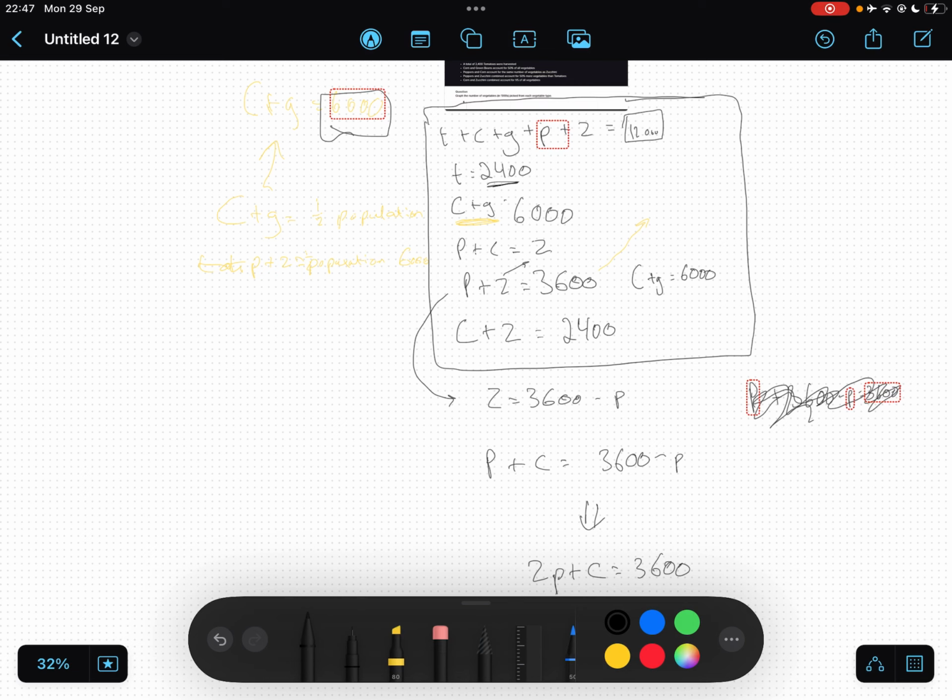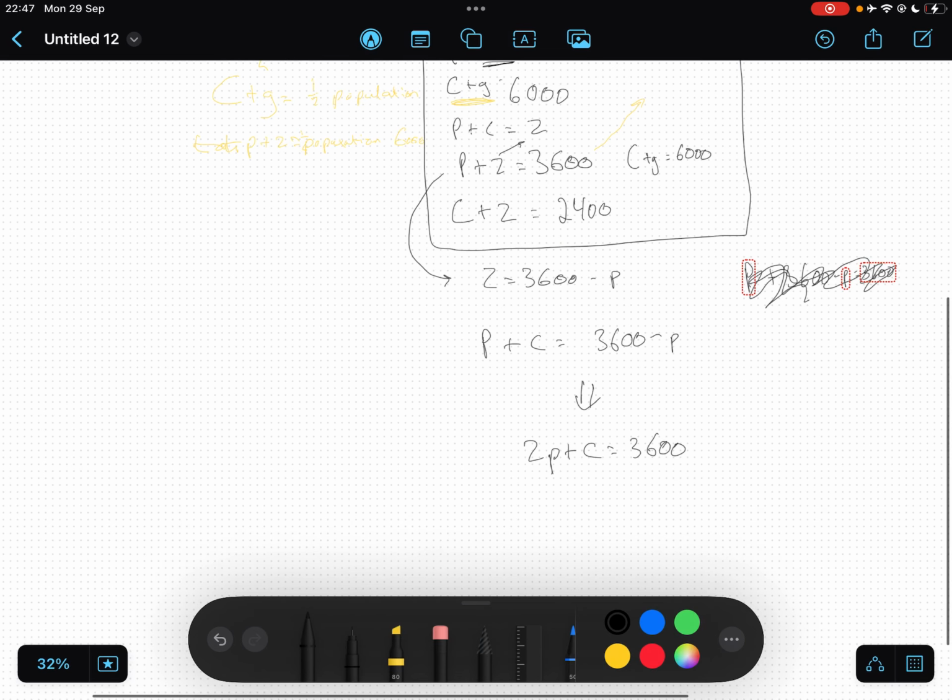So we've got C plus Z equals 2,400, right? So that's C plus 3,600 minus P equals 2,400. 2,400 minus 3,600, ping that across. This doesn't seem right, but I'm going to go with it for now.